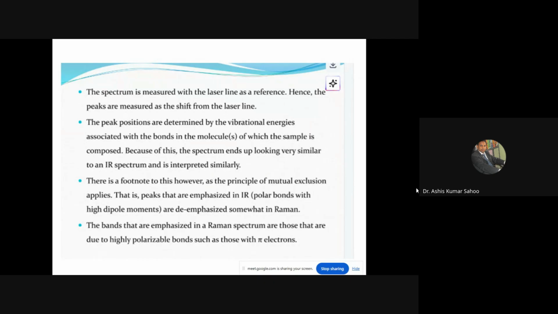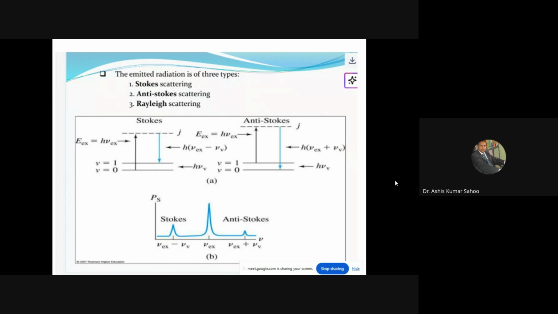So you can see the different lines observed in a Raman spectrum: Stokes scattering, anti-Stokes scattering, and Rayleigh scattering. Here we see the Stokes peak and the anti-Stokes peak. Stokes goes from the ground vibrational level to a higher one, and anti-Stokes from a higher vibrational energy level.